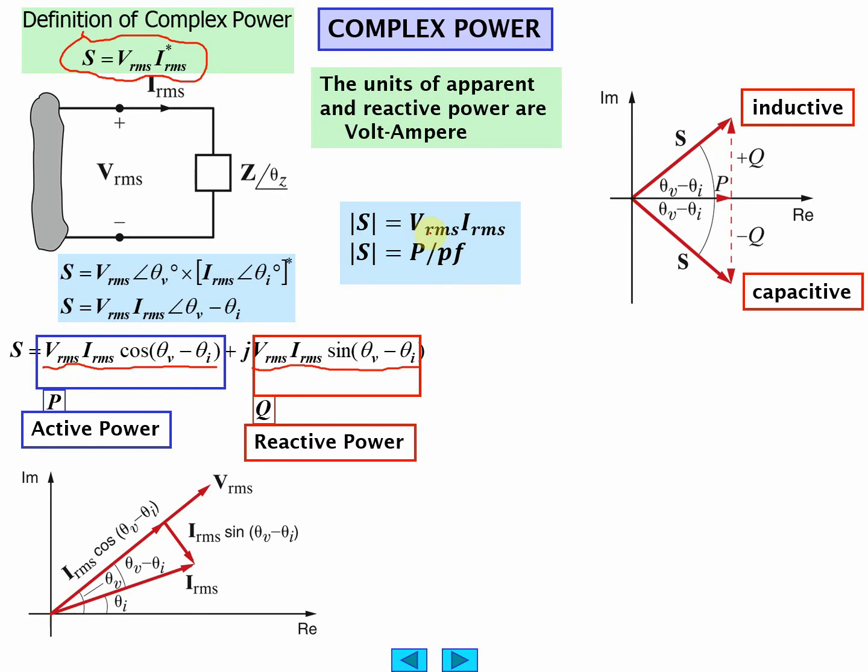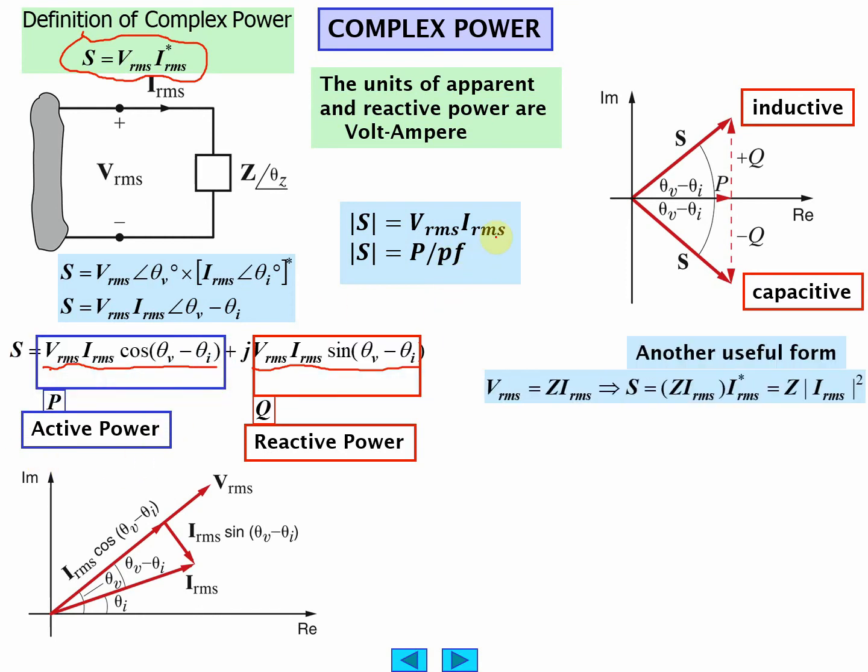Couple expressions. The magnitude of S, it's pretty easy to see. If you take the magnitude of this squared, you're just going to get V_RMS I_RMS. And the magnitude is going to be equal to this active power divided by the power factor. Here's another one. We can write it like this.